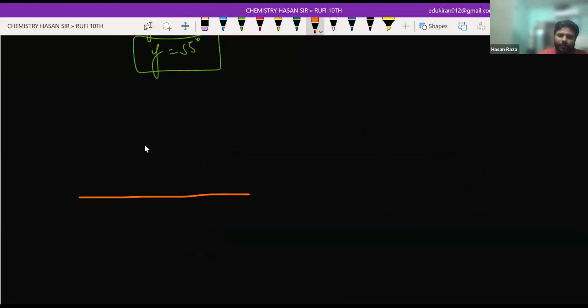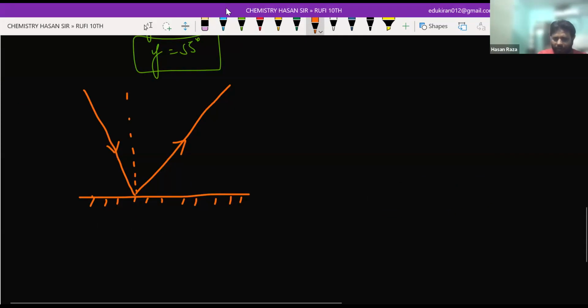This is the mirror surface. Let's say this is your mirror. This is your incident ray, this is your reflected ray, and this is your normal. It might not look equal, but they are equal because my drawing is not that good. Let's say this is your 40 degree.